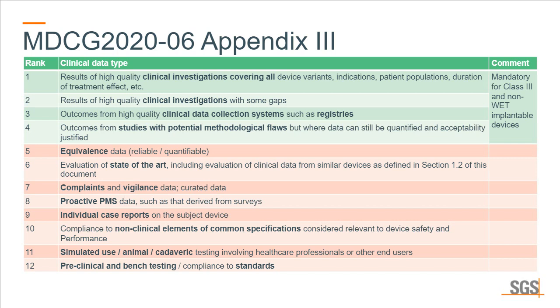If you don't have it, then you will need to generate more clinical data because it is considered that you don't have sufficient clinical data. And you can see that the top ranking data types are clinical investigations of different types, or outcomes from high quality clinical data collection systems such as registries without putting it together as a formal clinical investigation, or outcomes from studies with potential methodological flaws, but where the data can still be quantified and acceptably justified.